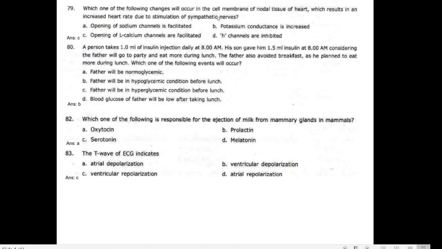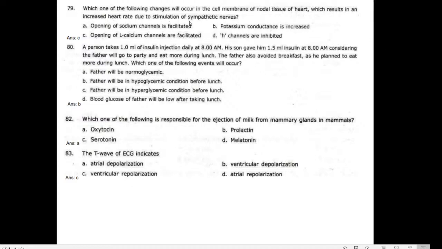Where does it happen? It happens in the cell membrane of the nodal tissues of the heart.